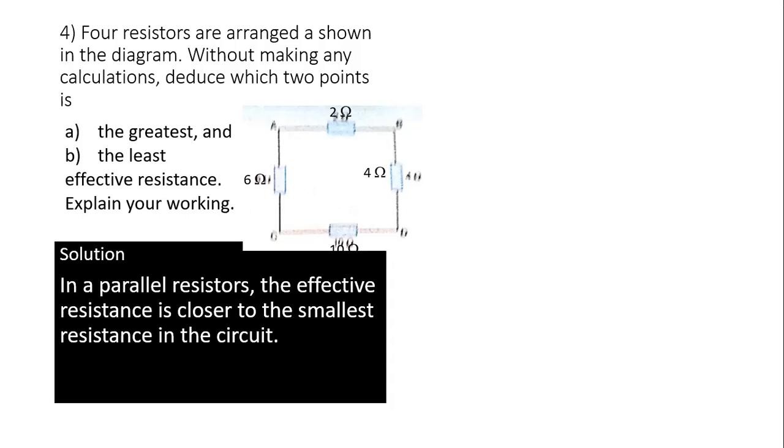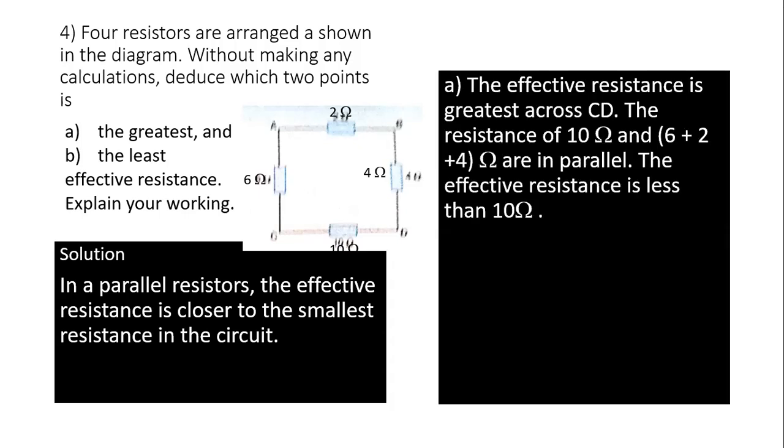That's the fact that you must know. So the effective resistance is greater across CD. CD is 10. So the other parallel one, 6 plus 2 plus 4 is 12. So it cannot be greater than 10. It must be less than 10 or closer to 10. Okay, no others. If you take across CB, then it cannot be greatest because it must be less than 8 ohm. Then the least one will be 2 ohm.